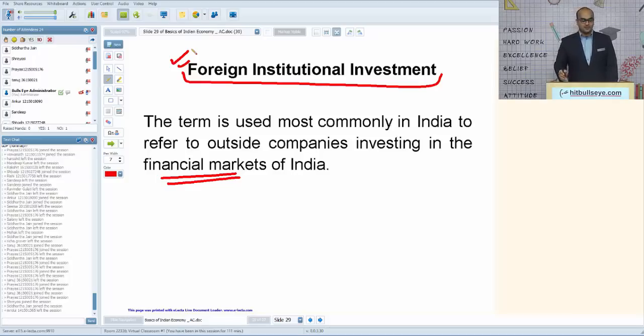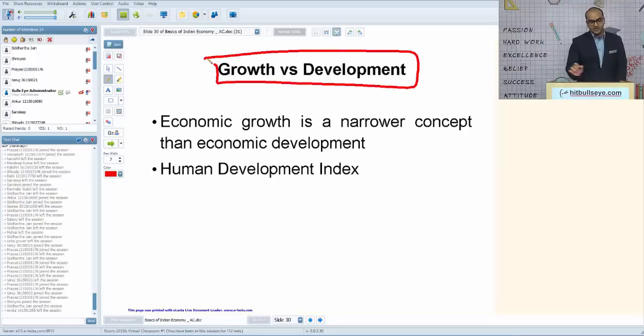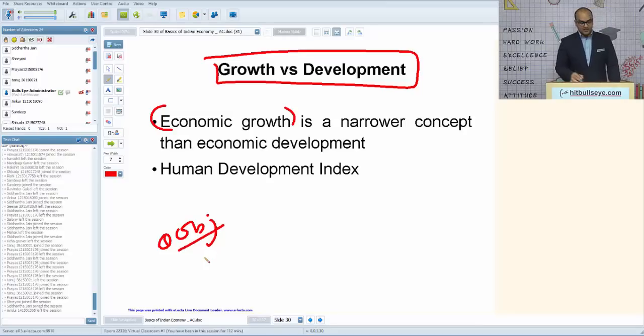Next, and this is related to a question which was asked to me earlier, the debate related to growth versus development. Now, economic growth is a narrower concept as compared to economic development. Economic growth is an objective concept, that is you measure growth in numbers, 8%, 9%, 10%.